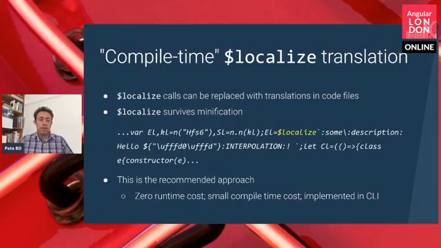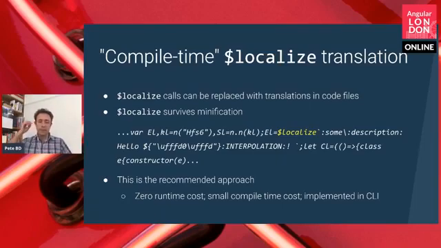So the approach that we generally want to encourage is this compile time approach. And as I said before, what happens is that the $localize tagged messages survive minification. So you can see here in the middle of the screen, there is a somewhat minified bit of code, and you can see hidden in the middle of it, there is still this $localize tag handler in front of a backtick string.